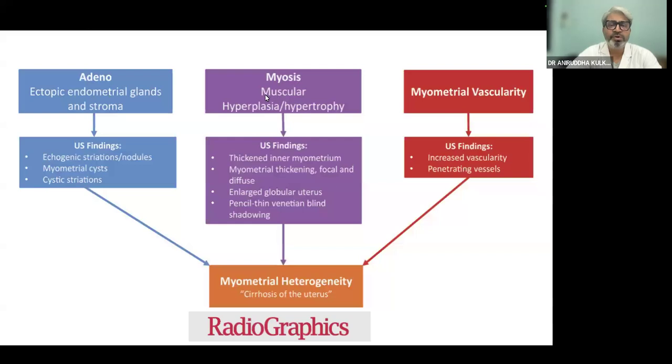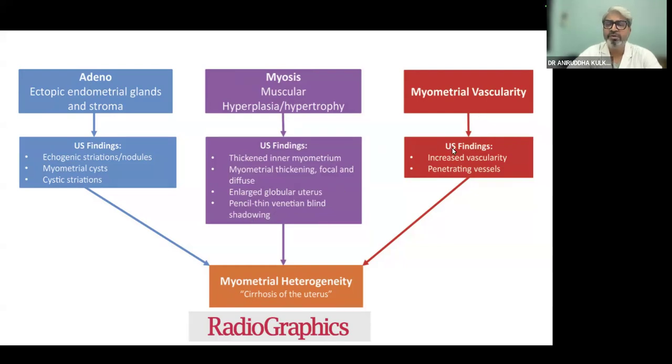Myosis is denoted by muscular hyperplasia or hypertrophy. Ultrasound characterizations are thickened inner myometrium, which is nothing but the endomyometrial junctional zone, myometrial asymmetrical thickening, focal or diffuse, enlarged globular form of the uterus, or different kinds of Venetian blind shadowing in one or the other walls.